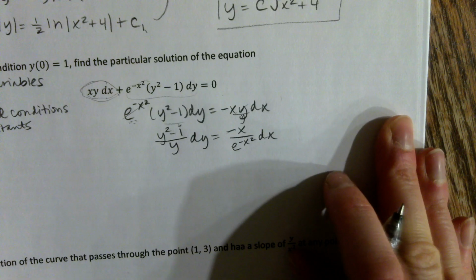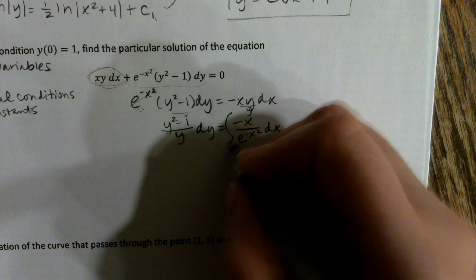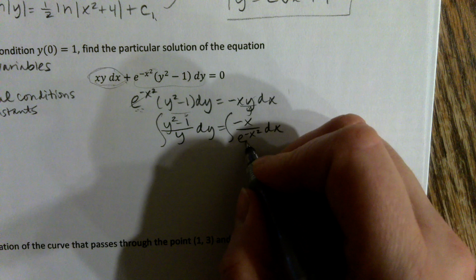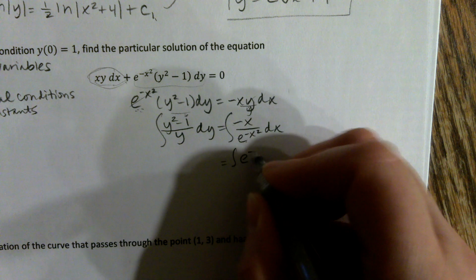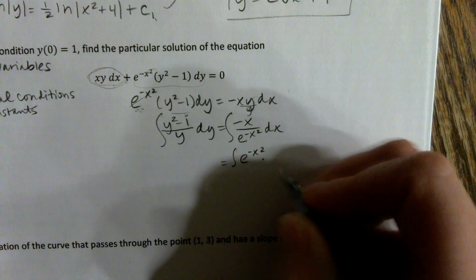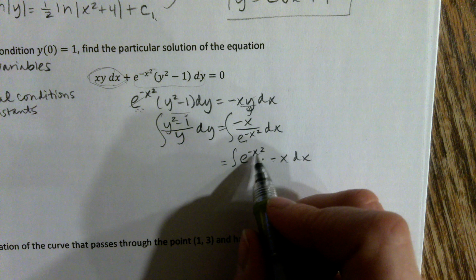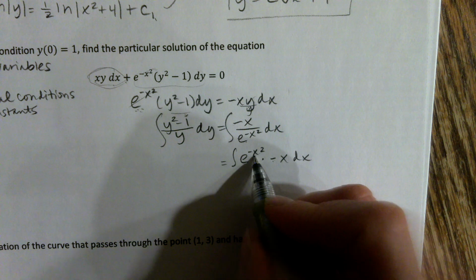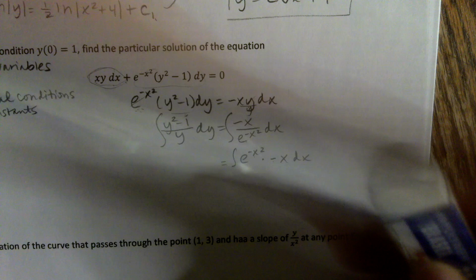What I noticed setting this problem up is, first of all, I have something with a negative exponent in my denominator, and that doesn't need to be in a denominator. I could just make it e to the negative x squared times negative x dx. Actually, that's not a negative anymore, is it? Let's fix that.